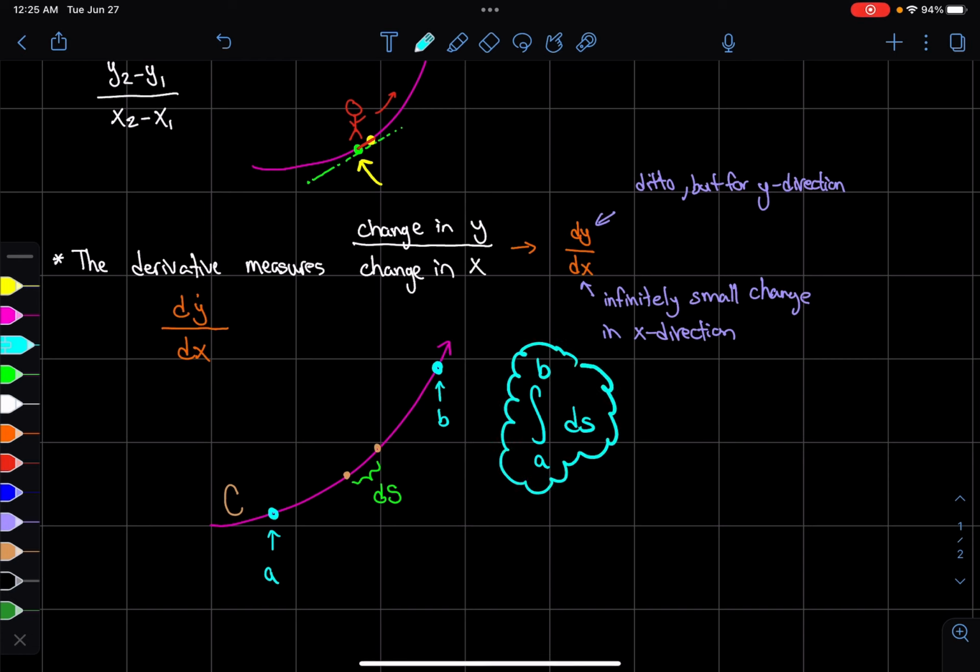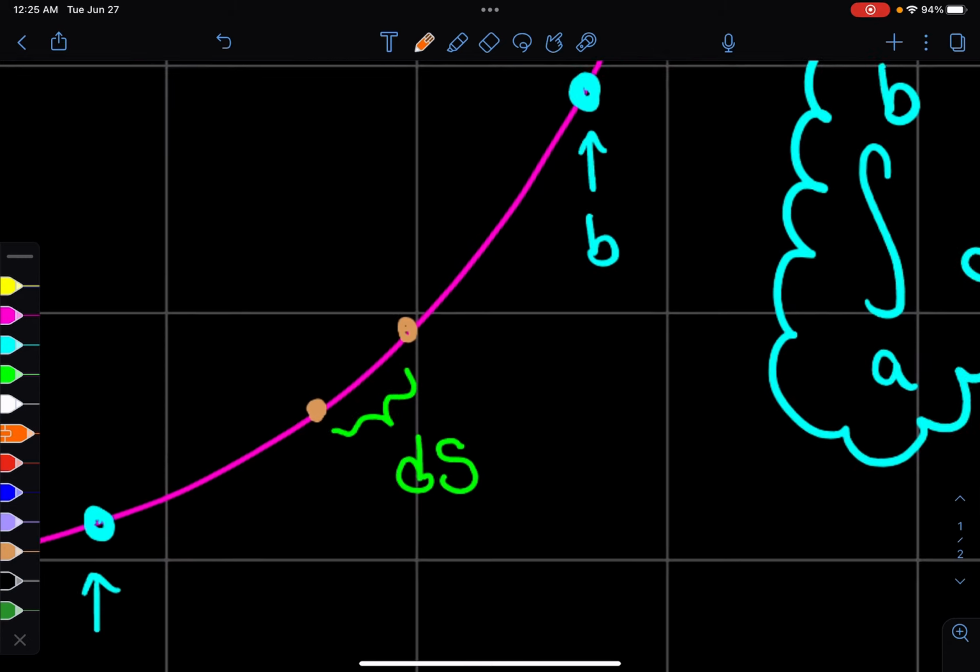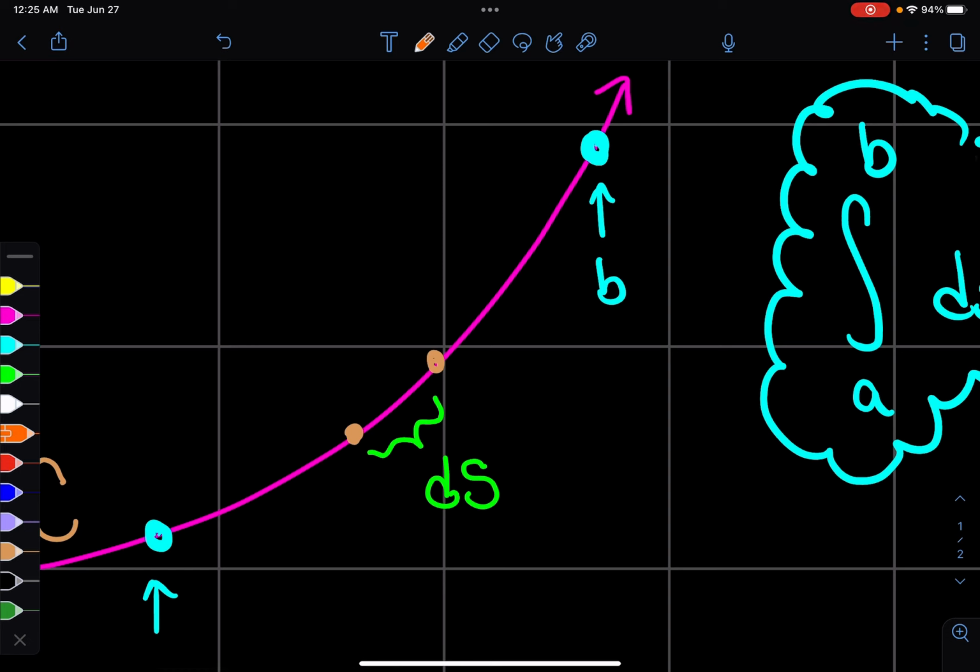And you're like, well, this doesn't look like anything I ever remembered. And that's okay, because remember, ds looks a little funky. I'm a little more comfortable with x's and y's. And so we went down to a microscopic level and said, well, if this is supposedly some infinitely small change in our arc length, it's really, really tiny, that means I can draw a little right triangle here whose legs are also infinitely small changes, right?